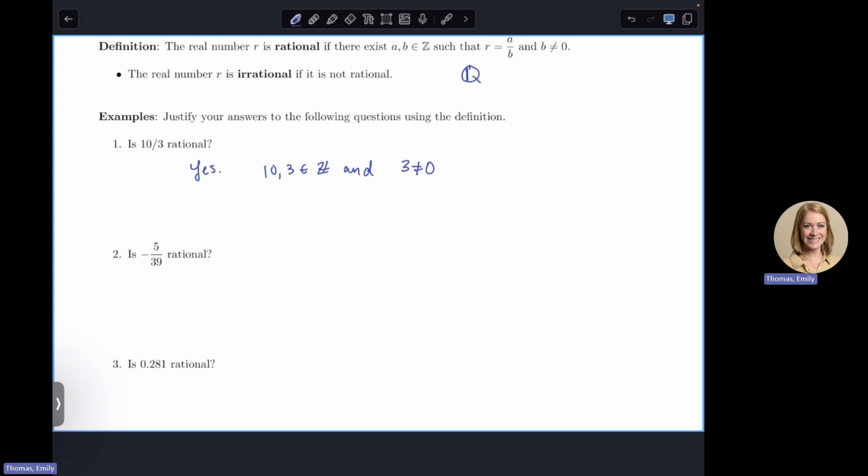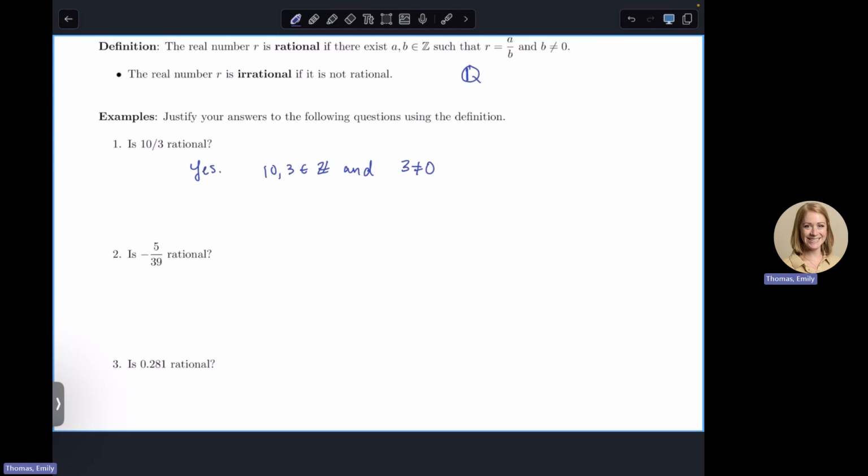Is negative 5 over 39 rational? Is it the ratio of two integers? This is not a hard question.